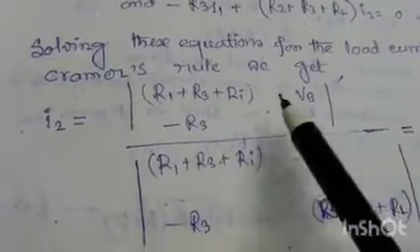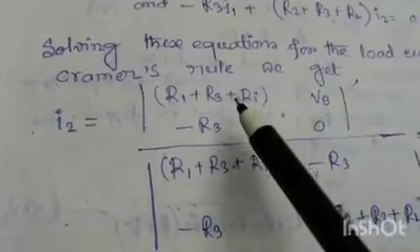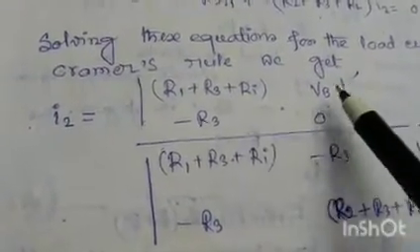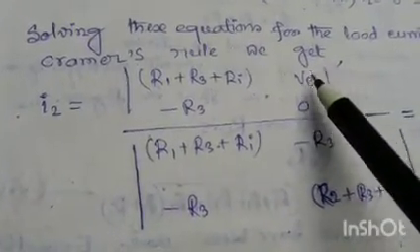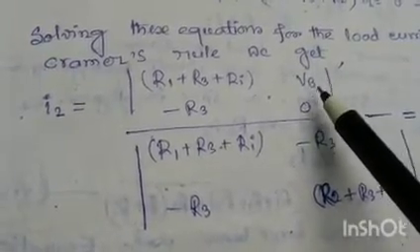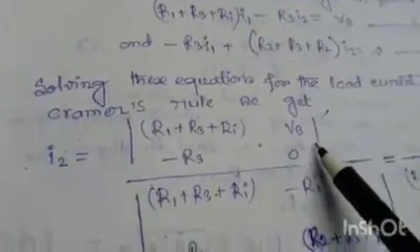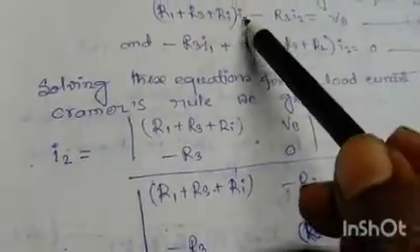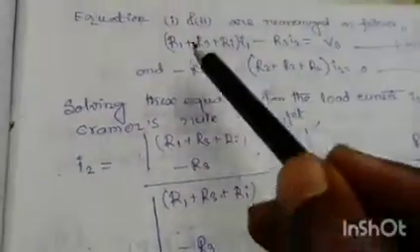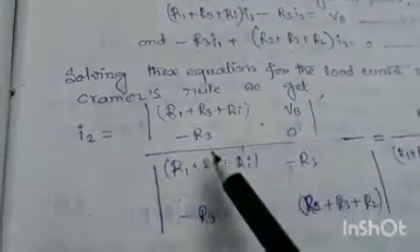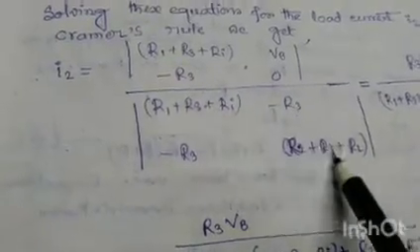For I2 you just put the coefficients of I1 and I2 and the right hand side constants Vb and 0, and I1 coefficient, put this coefficient here, and minus R3, put this minus R3, divided by the coefficients of I1 and I2.